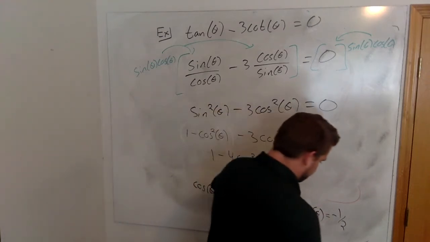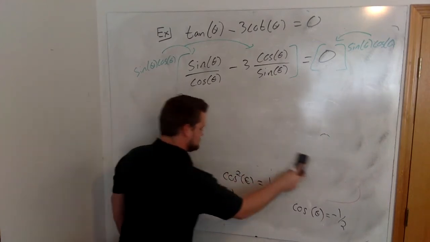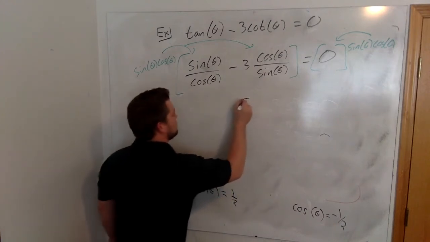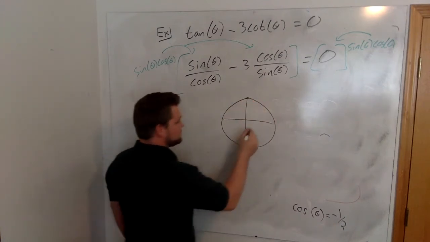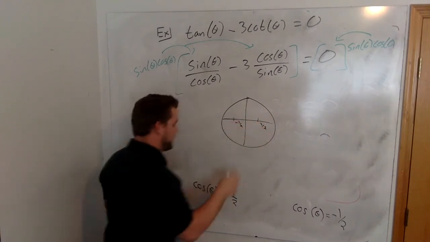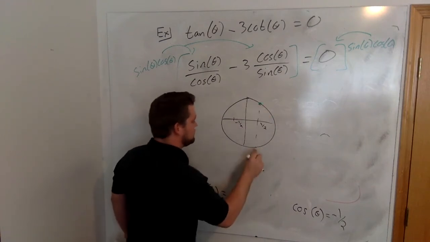Okay, so let's write down the solutions here. I think we've done this one fairly recently. Okay, so when is the x coordinate 1/2? Here's 1/2. Here's negative 1/2. So we want to think about these 4 locations.